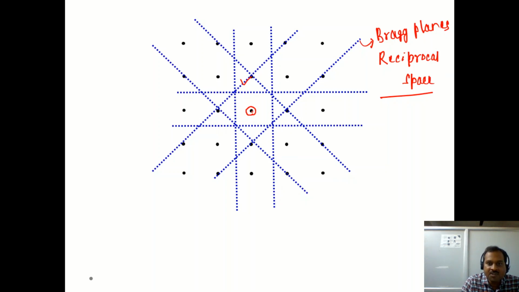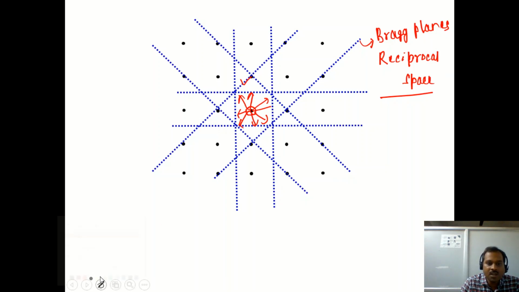As I mentioned, if I start from this point in all the directions, the region or the volume up to which I can go without passing any of these Bragg planes is what is called the first Brillouin zone.